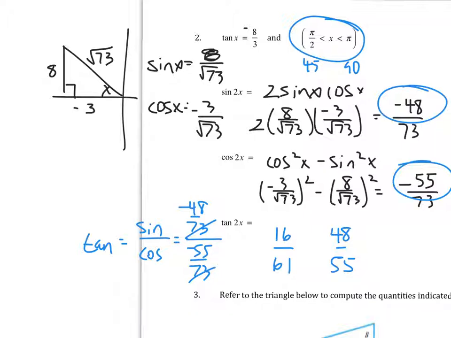Wow, yeah. So if you do the math using the tangent formula, which I still want you to do even though I showed you this, just to practice it a little bit, you should end up with 48 over 55. I can help you on yours. Questions?